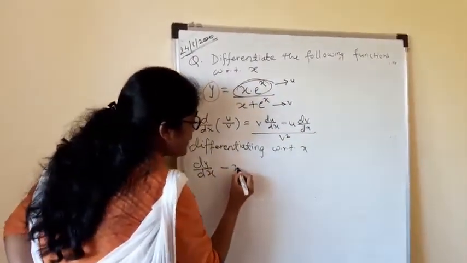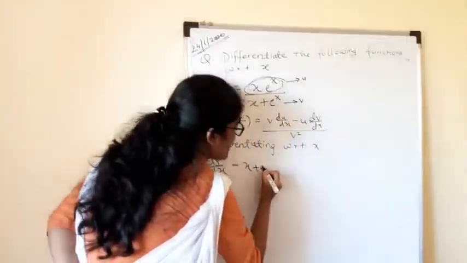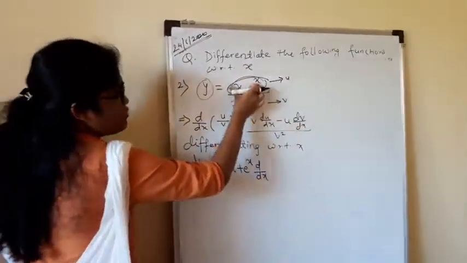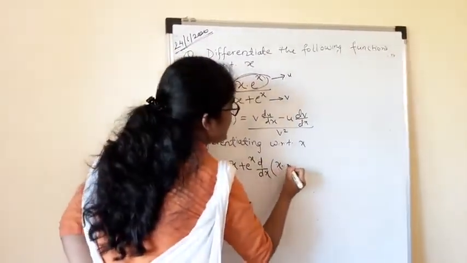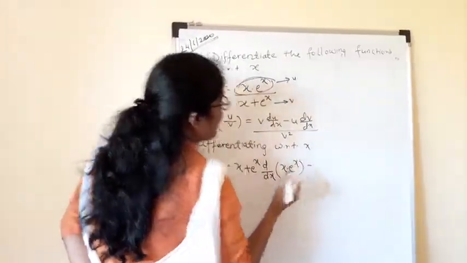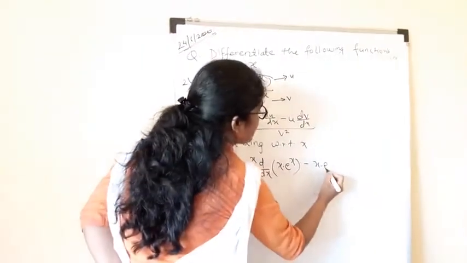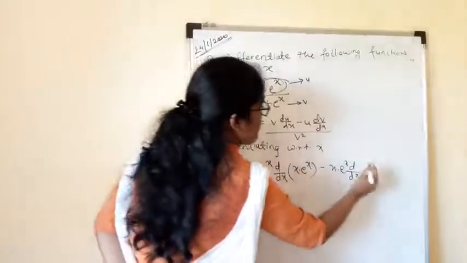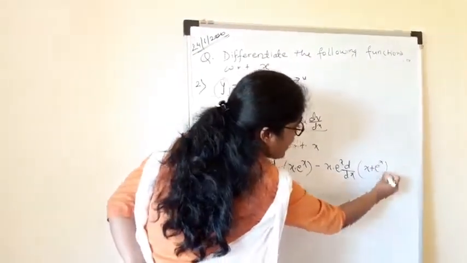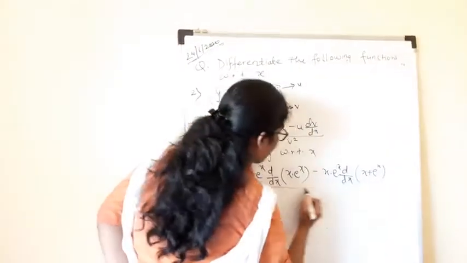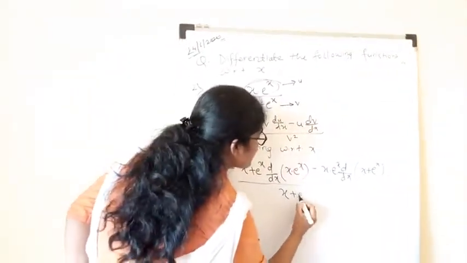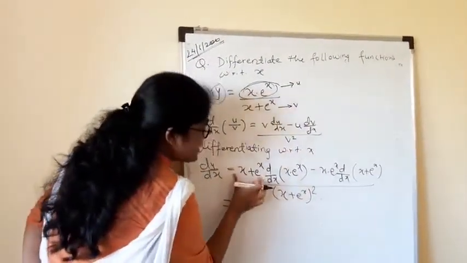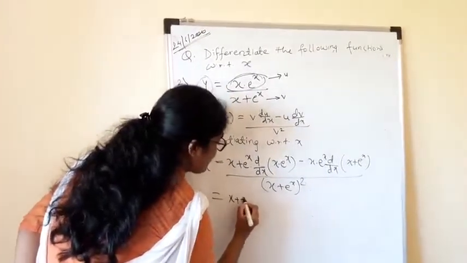So first we have to keep this v as it is, that is x plus e raised to x, into d by dx of u, the derivative of x into e raised to x, minus u, that means x into e raised to x, into d by dx of v, x plus e raised to x, divided by x plus e raised to x whole bracket square. Now this x plus e raised to x as it is.